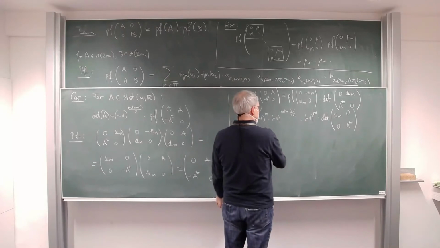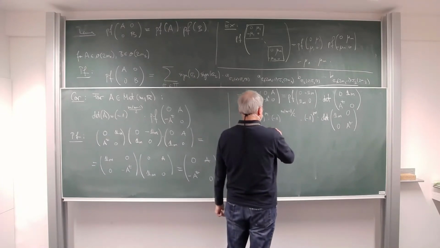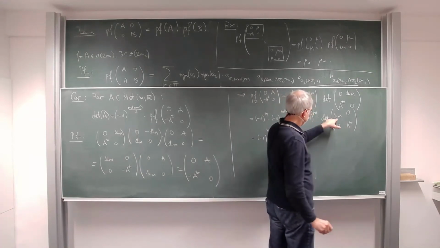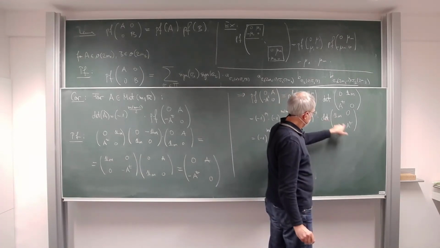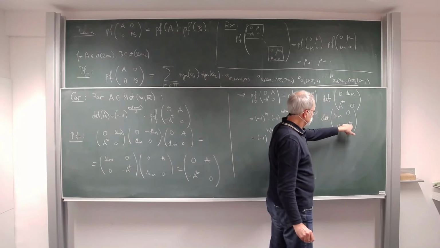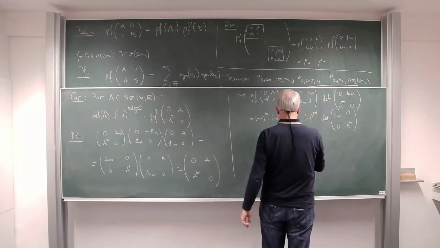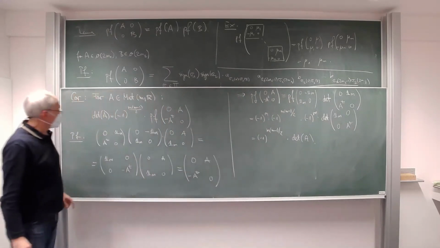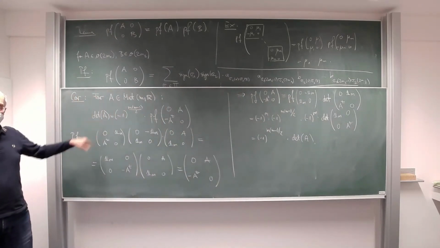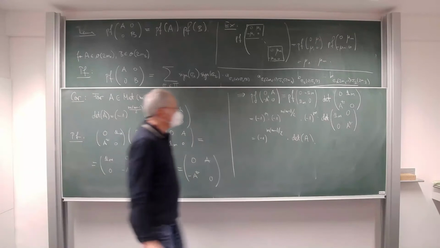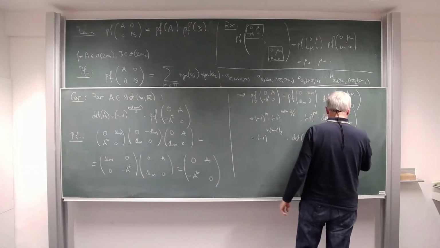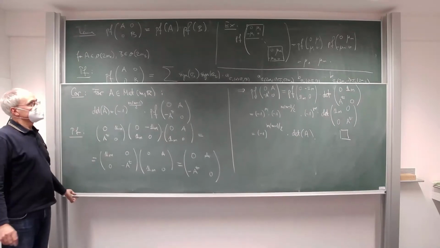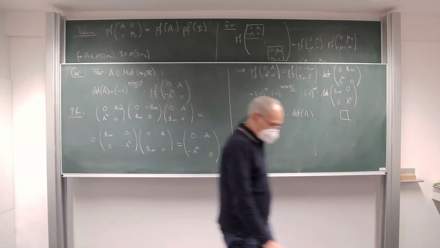So I have minus 1 to the n times n minus 1 over 2. And the determinant of this one is the determinant of the identity matrix, which is 1, times the determinant of this. And for this I can leave the transpose, so this gives me the determinant of A. And that should be the formula that we have here. Alright, nice. So if you understand Pfaffians, you also understand determinants. Good.